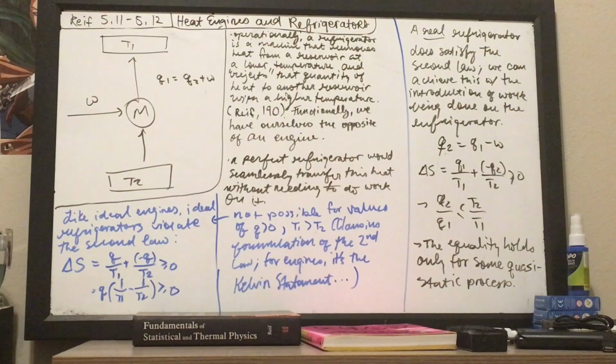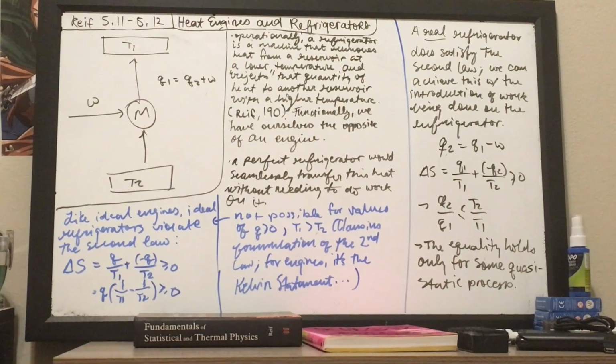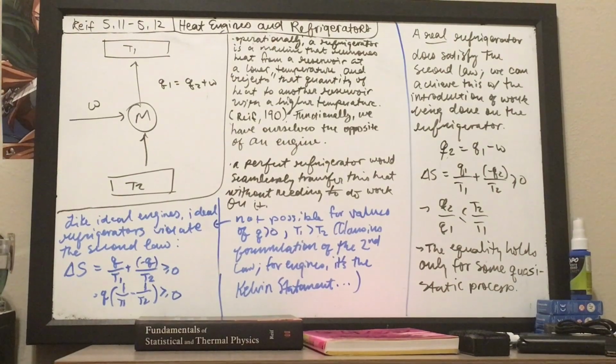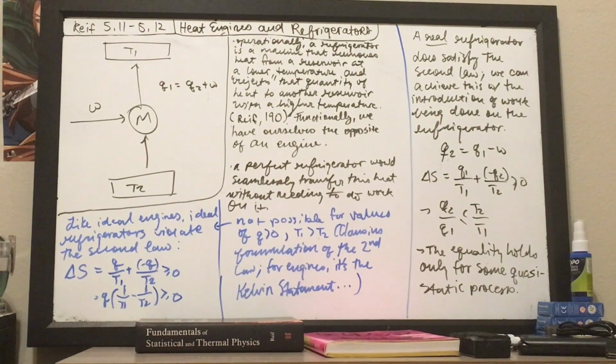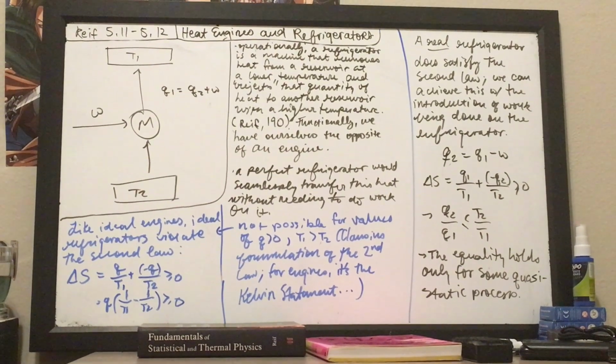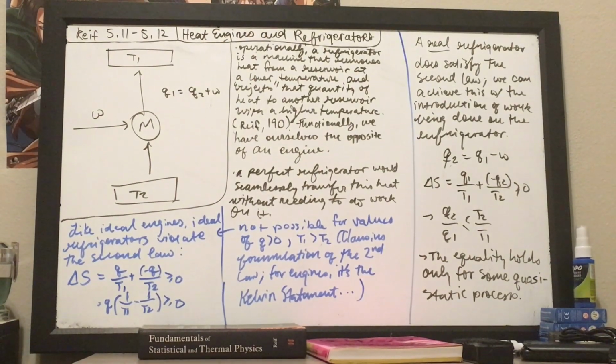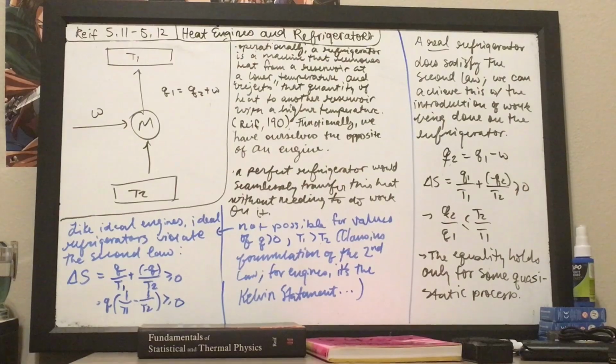Think of your average freezer on your refrigerator. It takes heat from inside of it and throws it outside so that the inside of that freezer can stay cold, right? That's a refrigerator. There's refrigeration happening inside of your freezer.